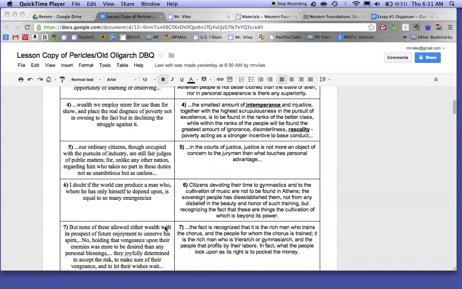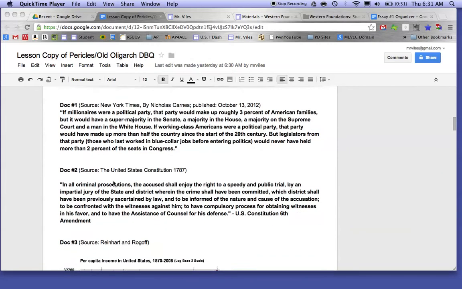And for homework, you were to go through the documents, the Modern America pieces, and to look for things that you thought were social themes or political themes.